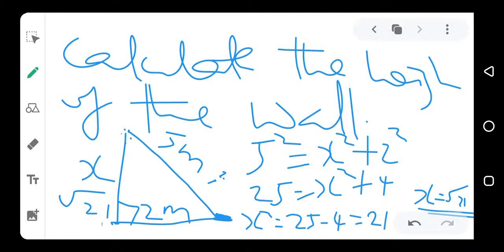Then check the distance between the bottom of the ladder and the house, and the length of the ladder that you used to lean on the wall. When you get the length of the ladder and the distance between the ladder and the house, you apply Pythagoras theorem to calculate the height of your house. So that is a real life application of Pythagoras theorem.